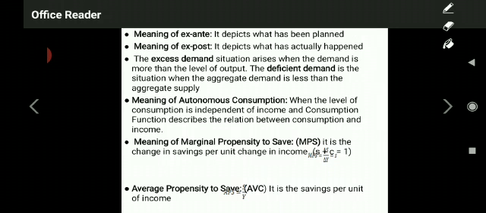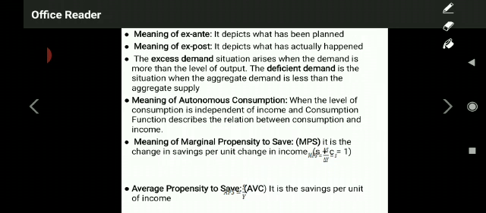Suppose you are going to market with 100 rupees to purchase your requirements. In the beginning, you have gone to market with 100 rupees. When you are entering the market and purchasing different goods, your consumption expenditure may go on increasing and it exceeds your income.